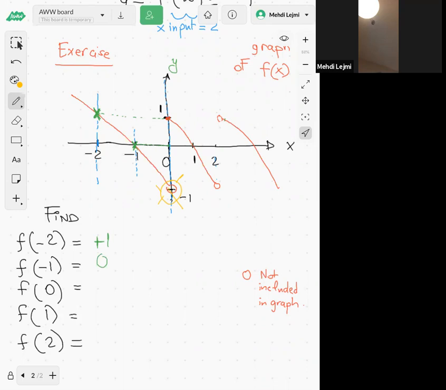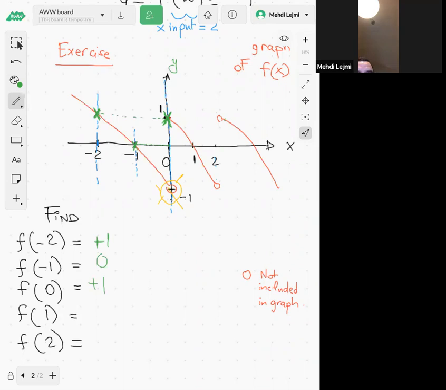However, at 1 here, we do have an intersection. Now I need to go to the y-axis, but this point actually lies on the y-axis. So the corresponding output y would be +1. So the answer here is +1.